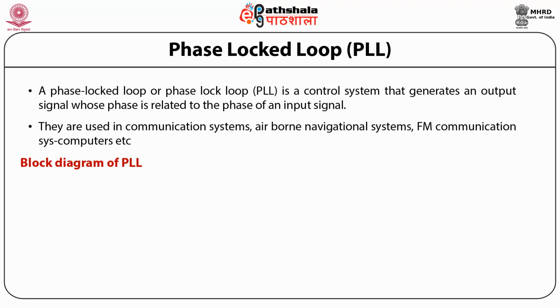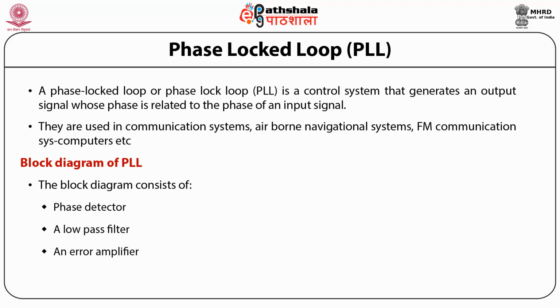The schematic block diagram of PLL is shown in this figure, which consists of a phase detector, a low pass filter, an error amplifier, and a voltage controlled oscillator or VCO.